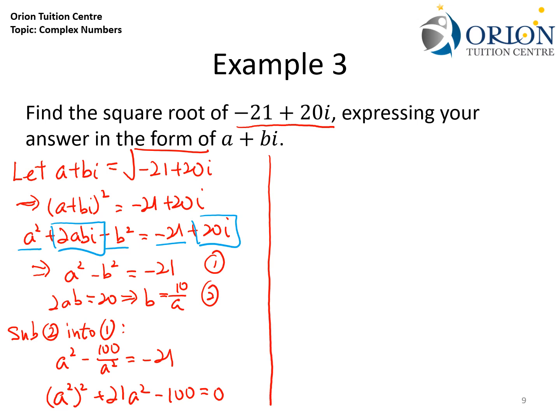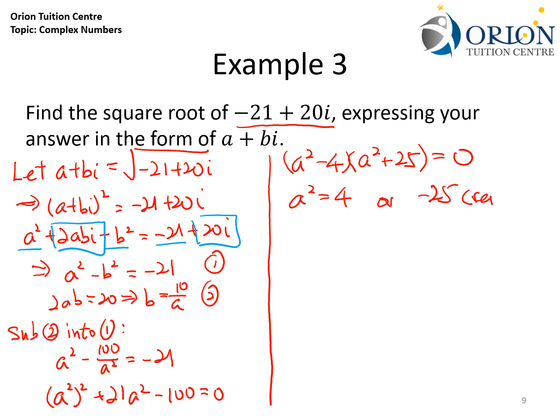And we can factorize it to give us a squared minus 4 times a squared plus 25 equals 0. And therefore, we get a squared equals 4 or negative 25. And of course, we have to reject a squared equals minus 25 because we will not get a real value for a.